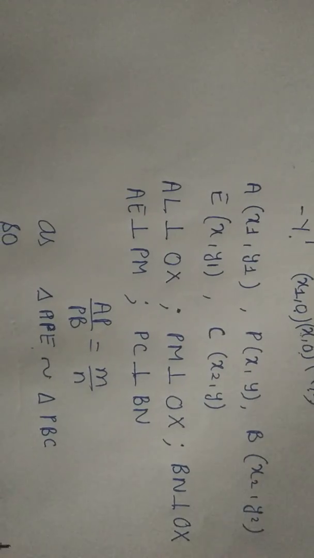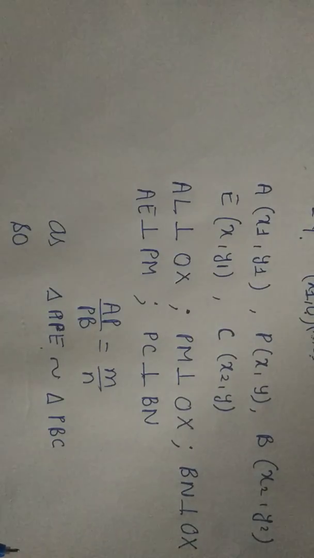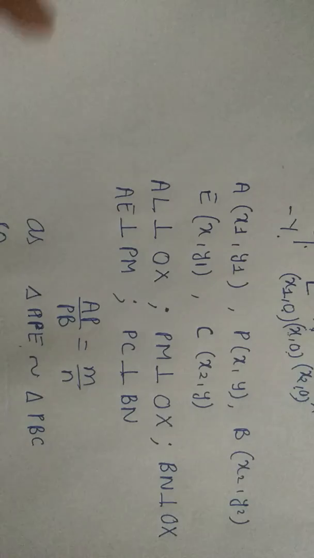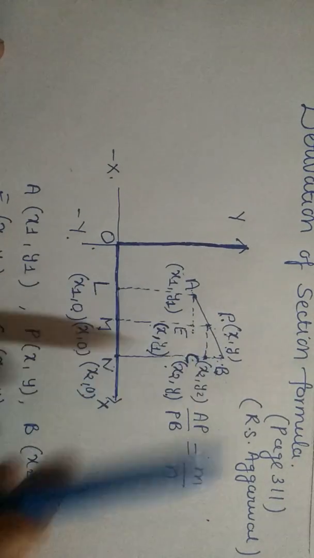So students, what we are getting, we will write here the results of similarity, so that we will get the ratio of their corresponding sides will be same. So students, as you can see here, the corresponding side is AP upon PB.